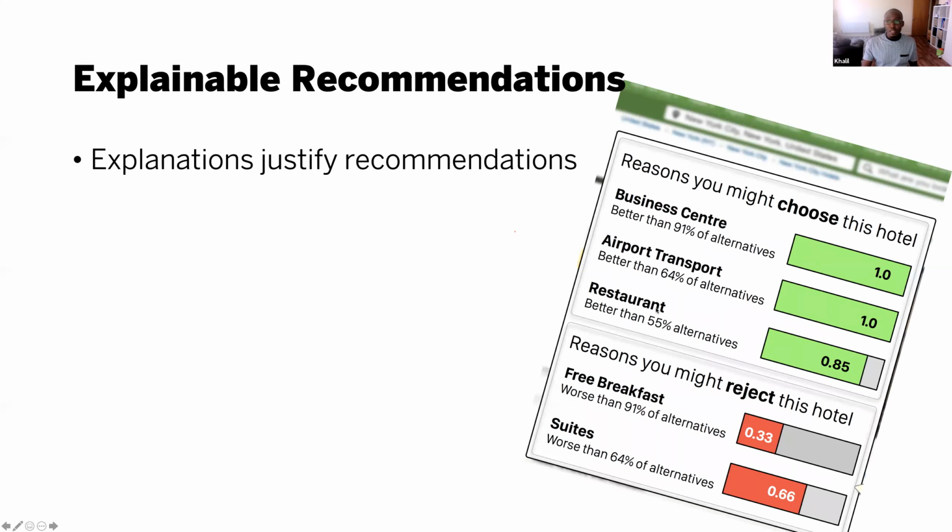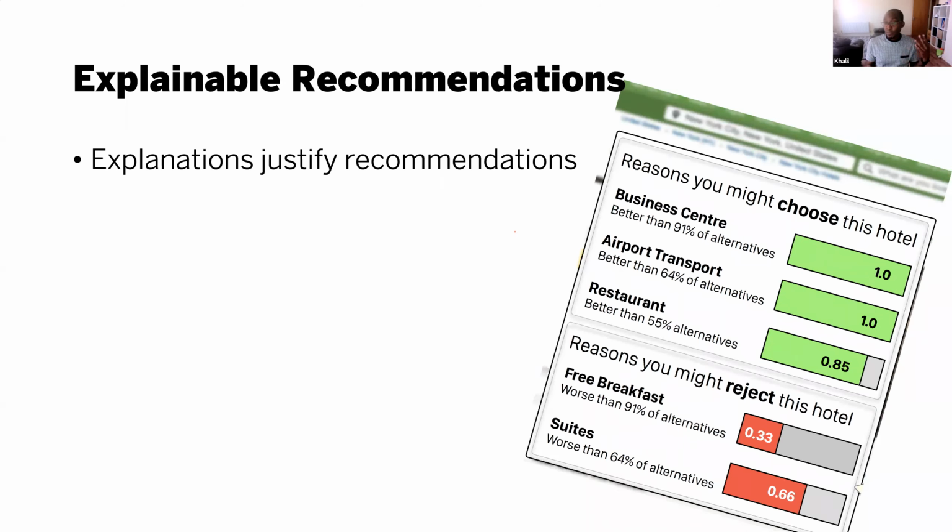And let's say you're booking a hotel. You're going to Asa Pyramid or Hilton Hotel. This could be an explanation for the hotel where it's telling you that in all the hotels in Abuja, this one has a business center that is 90% better than all the other hotels in Abuja.